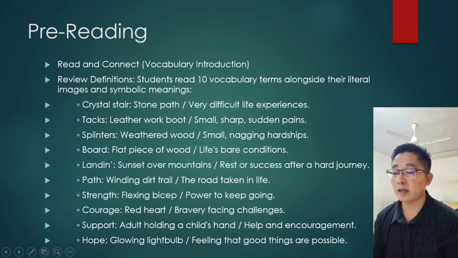The next one is tacks, small, sharp, sudden pains. Splinters, small, nagging hardships. Boards, life's bare conditions. Landing, rest or success after a hard journey. Okay, next one is path, the road taken in life.